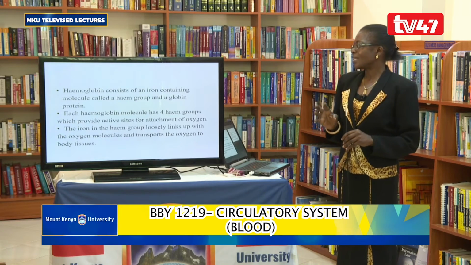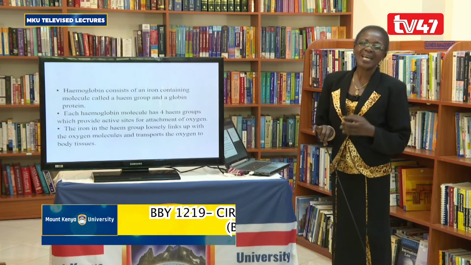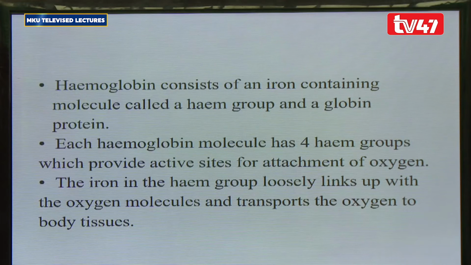Now, the iron in the heme group loosely attaches or forms a link with the oxygen molecules. A weak link, such that the oxygen molecule can attach to the iron without oxidizing the iron. And then the heme group will carry the oxygen on the hemoglobin molecule to the body tissues in this combined form, which we refer to as oxyhemoglobin.